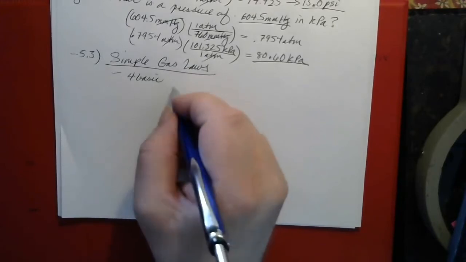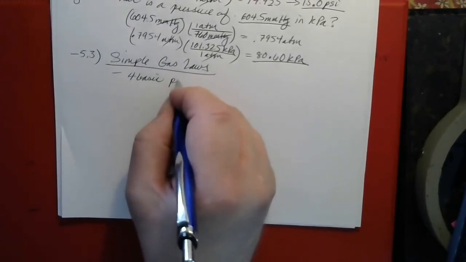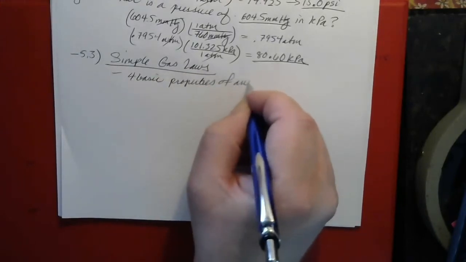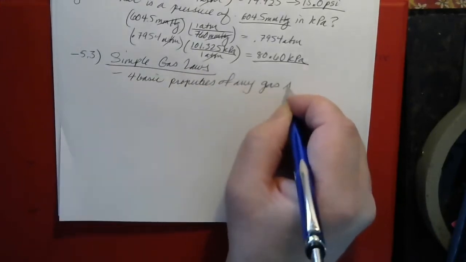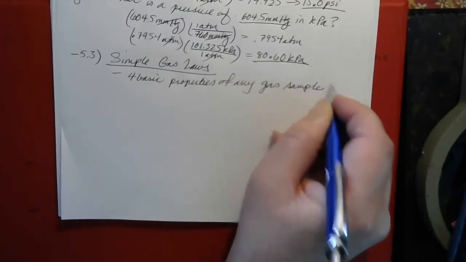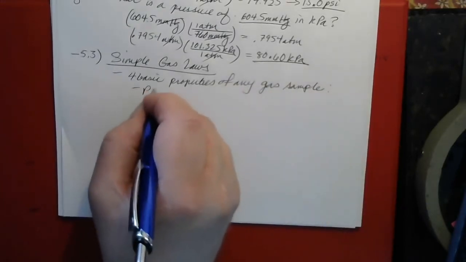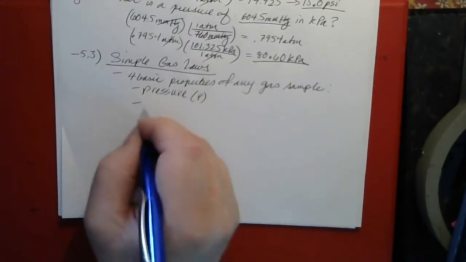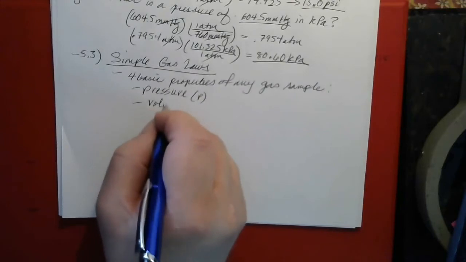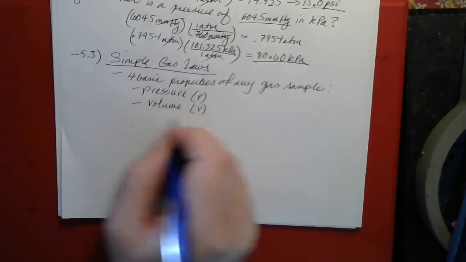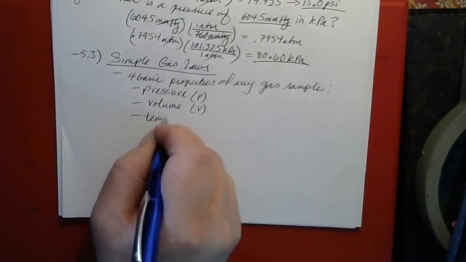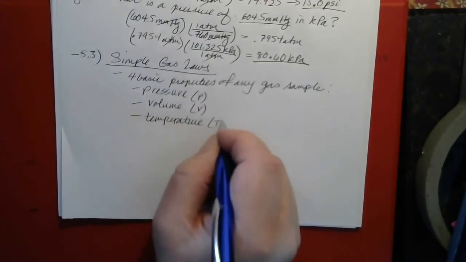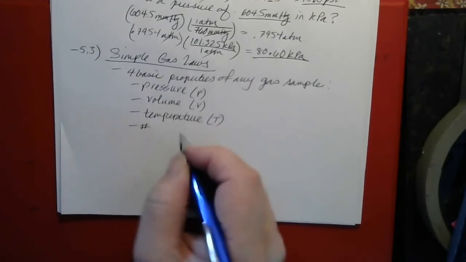There are 4 basic properties of any sample of gas. And those would be pressure, and volume, temperature, and number of particles.